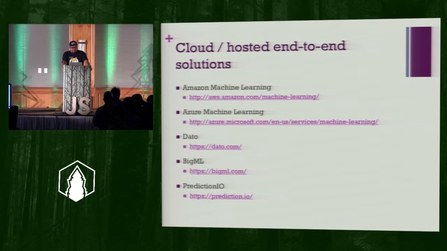Additionally, hosting your own end-to-end machine learning pipeline can be time-consuming and resource-intensive. So if this is something that's not your thing, you could kick it off to one of many different cloud or hosted machine learning solutions. Amazon and Microsoft both have pipelines for this, and there are many different third-party libraries, like Datto or BigML or Prediction.io.